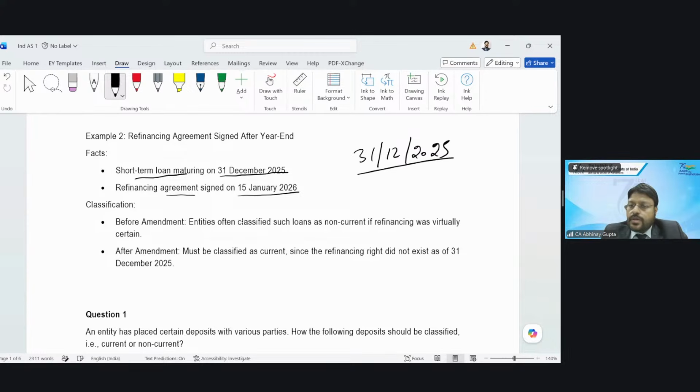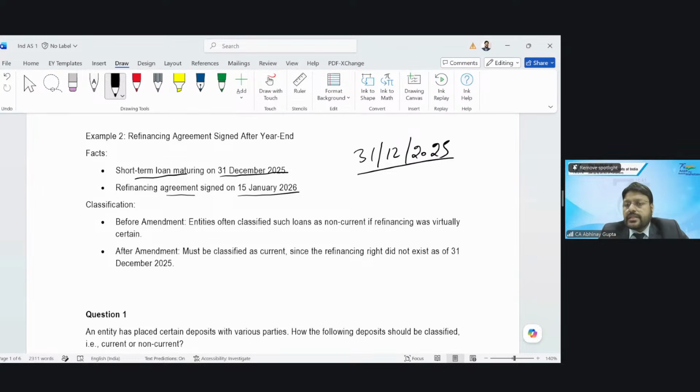Now, the loan was a short-term loan which was maturing on 31st December, and we got into discussions with the management, and we somehow managed to refinance the loan, right? And the refinance agreement was signed on 15th of January only, right?